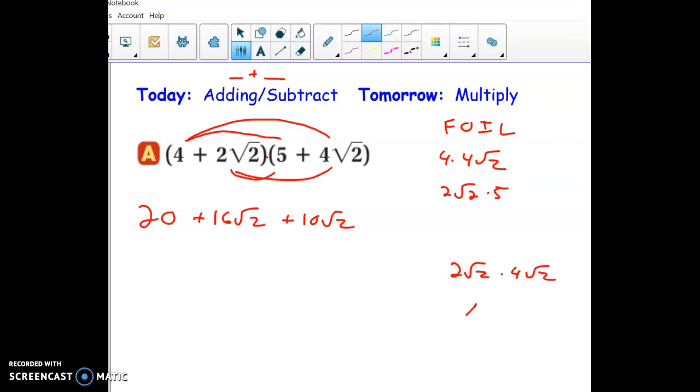I can multiply the 2 and 4 to get 8. And then the radical 2 times radical 2 is radical 4. Oh, but that's fantastic because radical 4 is just 2. And 8 times 2 is 16. So in the back we get 16. And now we just combine our like terms. 16 and 20 make 36. And 16 radical 2 plus 10 radical 2 is 26 radical 2.